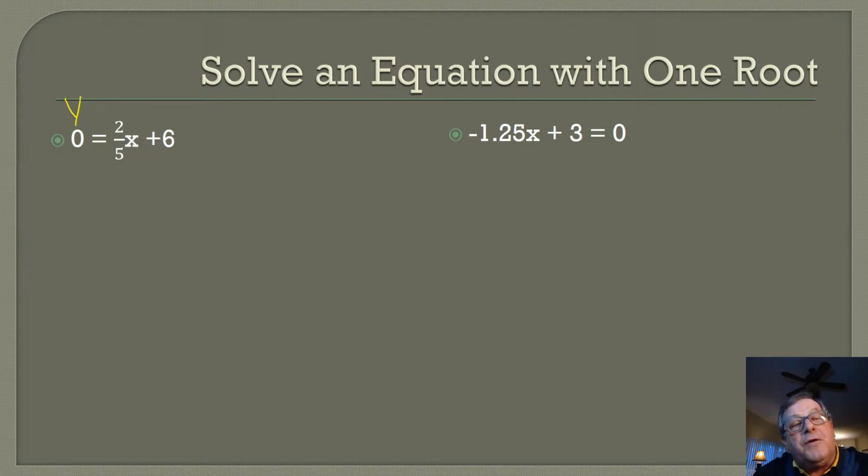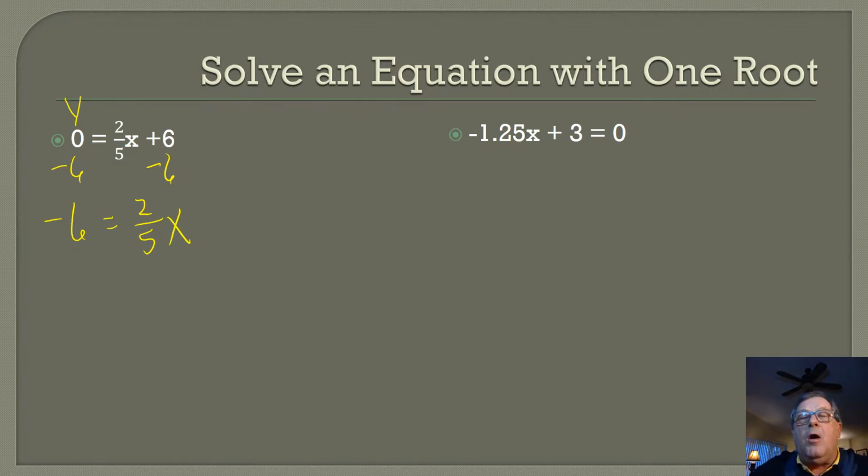So I'm going to start off here by subtracting 6 from both sides. And then that's going to give me negative 6 equals 2/5 x. Now, I'm multiplying 2/5 x, and so if I want to isolate the x, I need to divide both sides by 2/5.